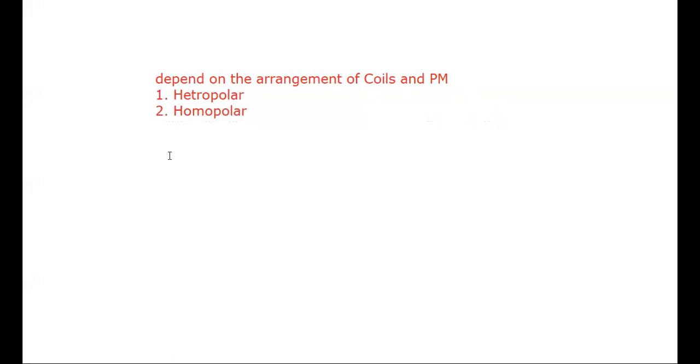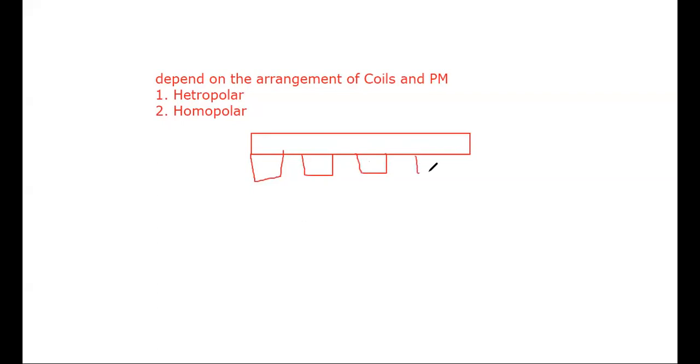So what is this heteropolar? As we discussed, hetero means different. Homo means it is the same. So hetero means, now consider there is a primary here, and this primary will have poles here, right?